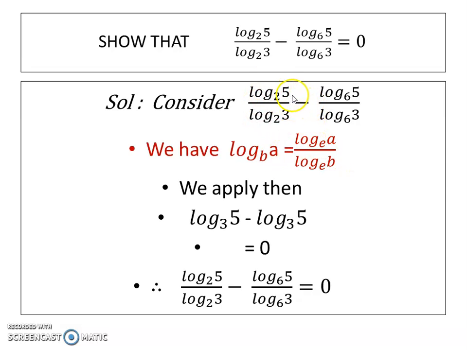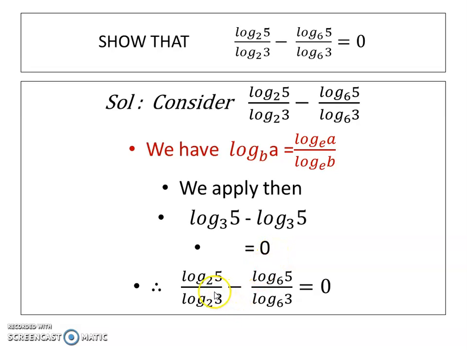These will get cancelled and we derive log 5 to the base 3 and log 5 to the base 3, because a and b remain in the number and base. We know that log 5 to the base 3 minus log 5 to the base 3 will get cancelled because positive and negative get cancelled. We derive the answer 0.